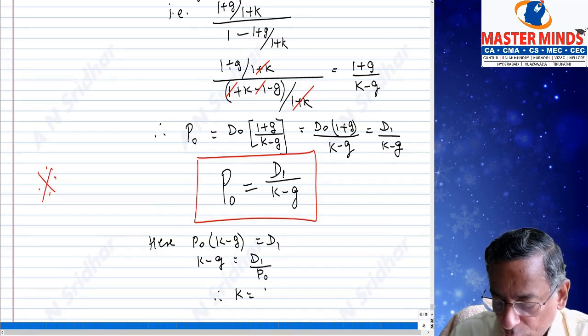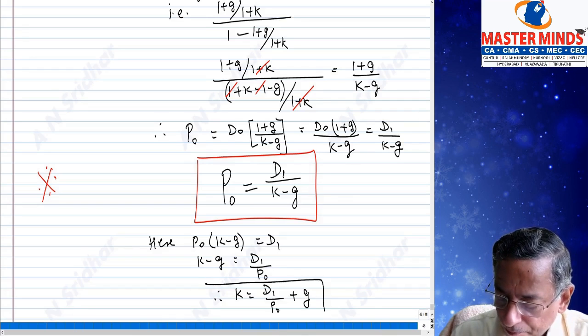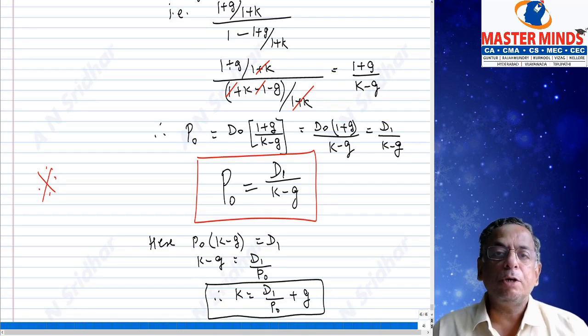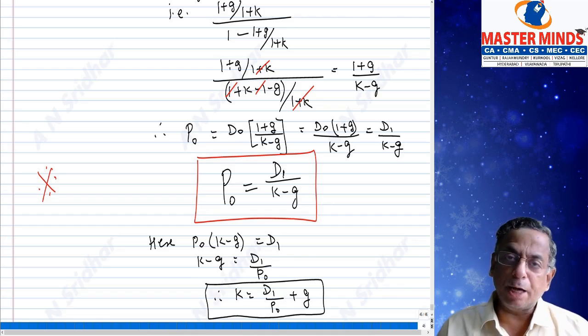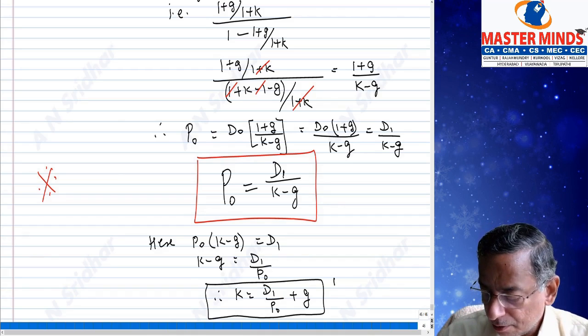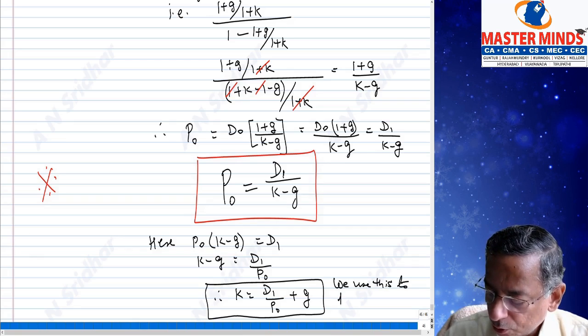Therefore K is equal to D1 upon P0 plus G. This formula you have already learned in the chapter of cost of capital in IPCC. We use this formula to find KE.